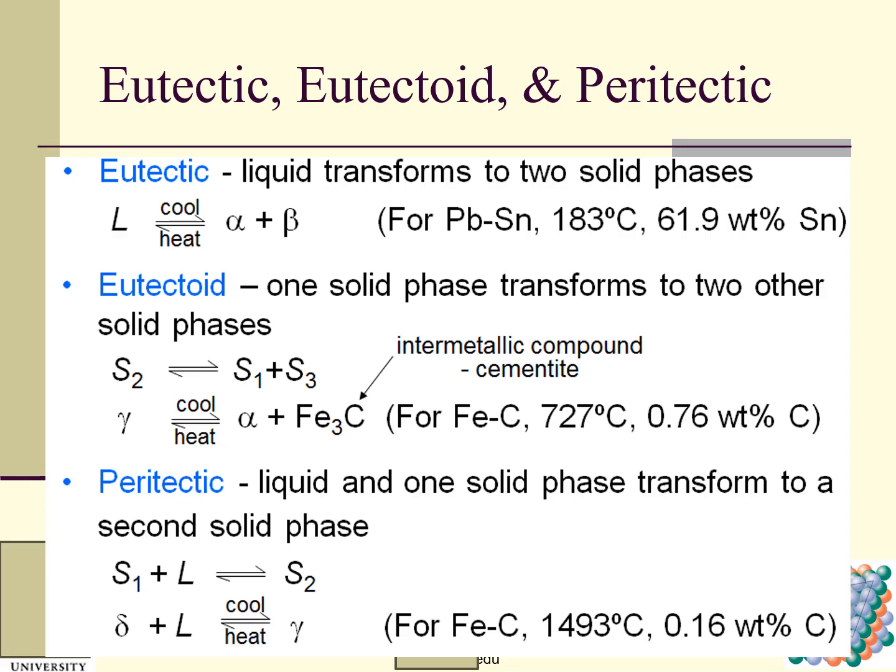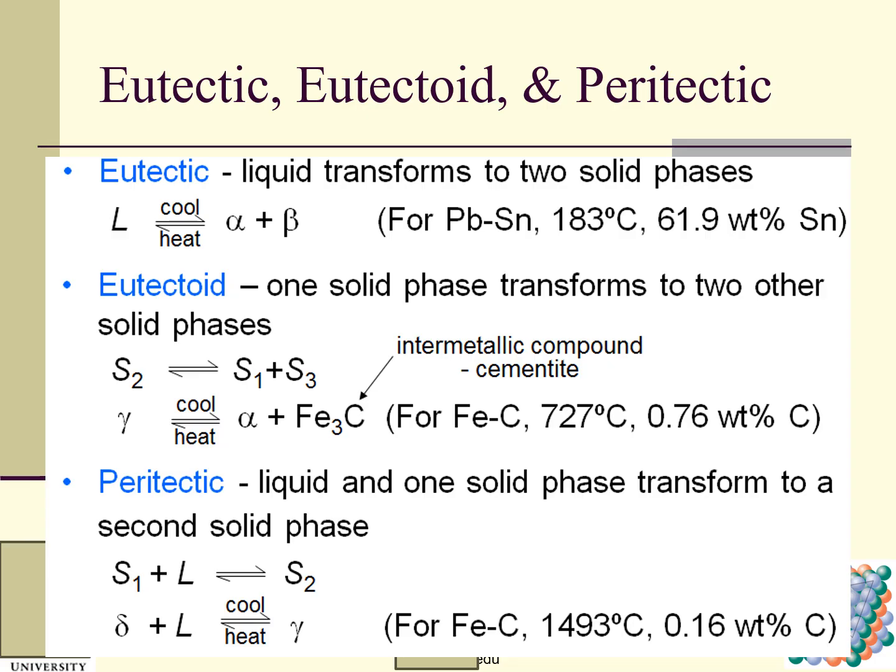It's a lead-tin phase diagram, and there is one eutectic point, which corresponds to 183 degrees C, along with 61.9 weight percent of tin. So this is eutectic. Be very, very careful about this eutectic.